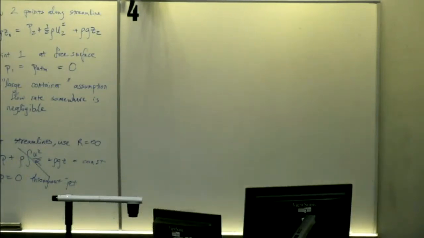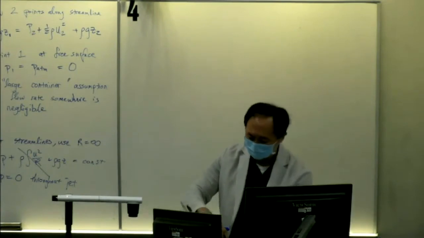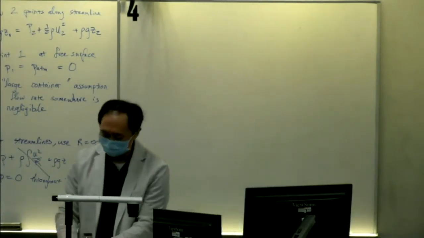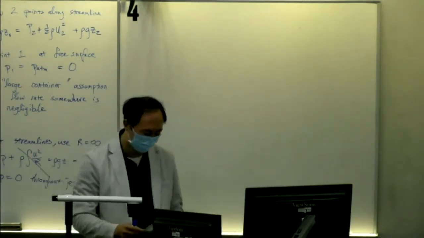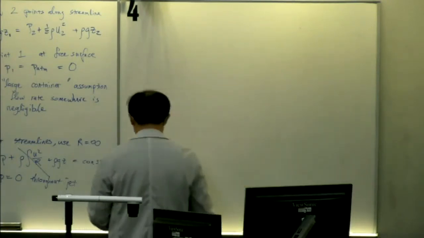Now, for example, like the problem that we have today at the front, you've got a problem where you've got an immersed body in the flow. So we have to introduce this concept of stagnation.